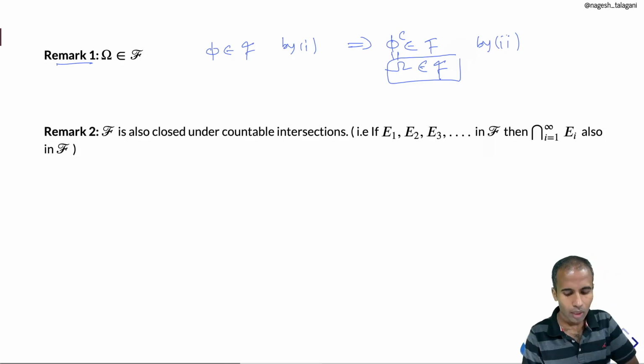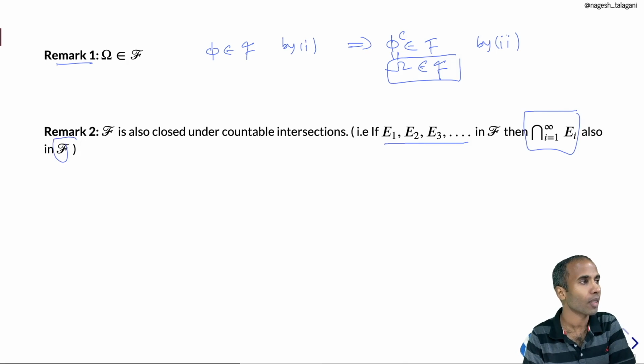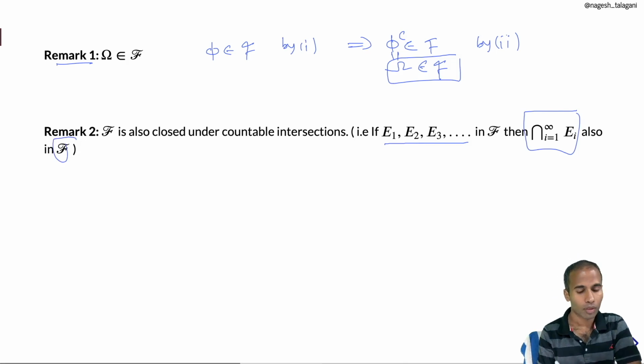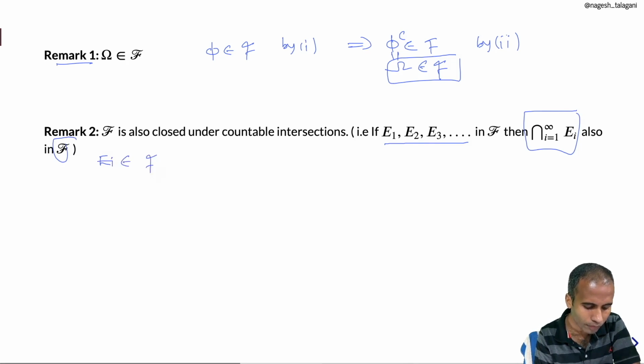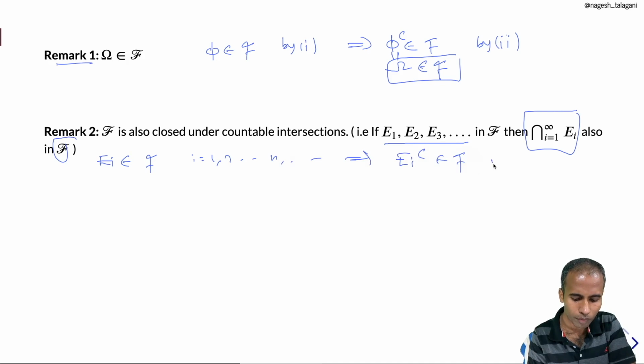That means if this E1, E2, and so on, En, this countable collection is from script F, then their countable intersection also will be in script F. First of all, if the Ei are from script F for i equal to 1, 2, and so on, then their complements also must be from script F, because of condition 2.